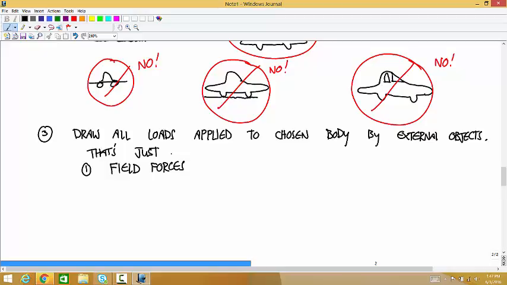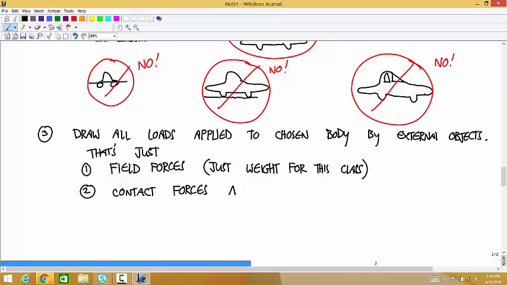In this class, the only field we have to worry about is gravity. So just the weight for us in this class. And then, once you've drawn the force vector applied by the weight, the only thing that's left is contact forces applied where the outside world touches the boundary.